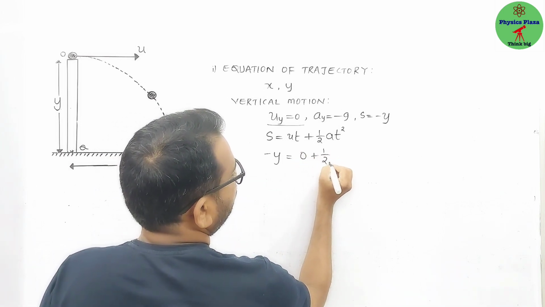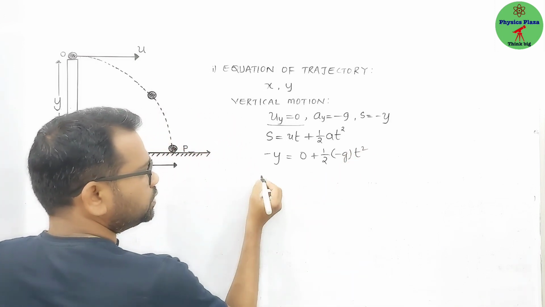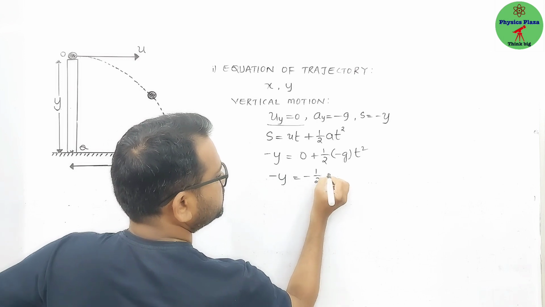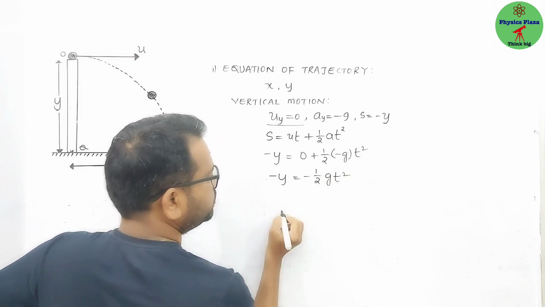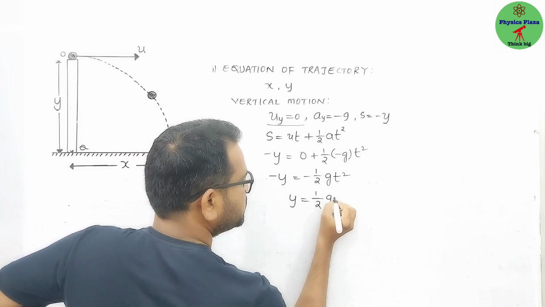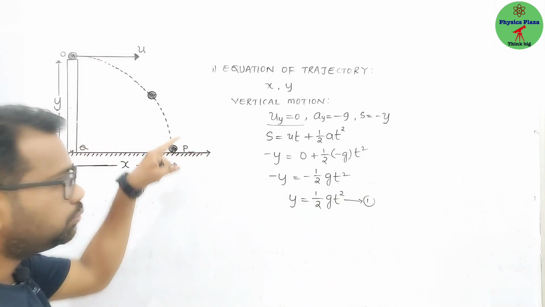Plus half into minus g into t square. So minus y is equal to minus half g t square, so y is equal to half g t square. Let us call this equation 1. This is the vertical motion.